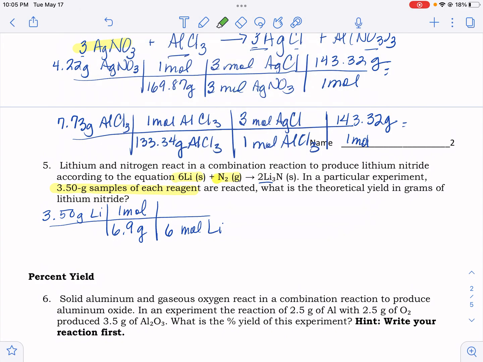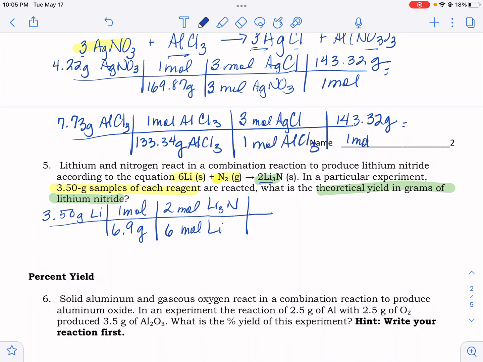We're solving for the theoretical yield of lithium nitride. So our ratio is 2 moles of lithium nitride for every 6 moles of lithium.